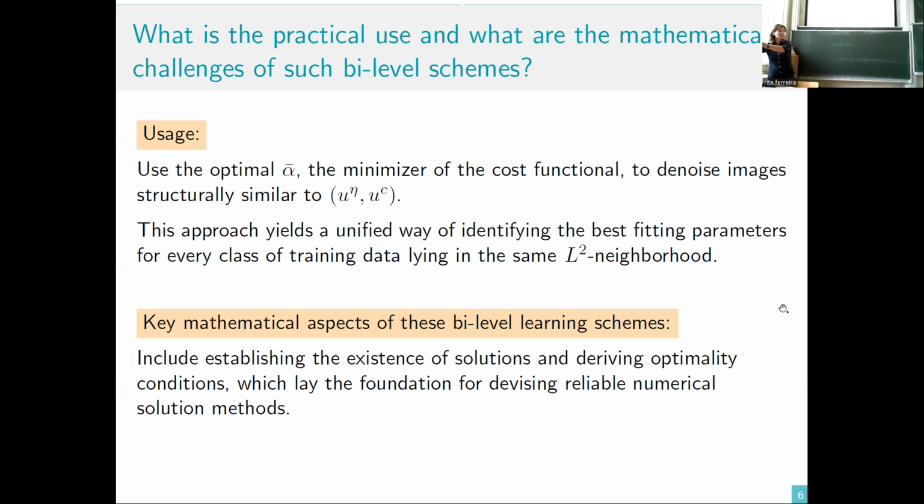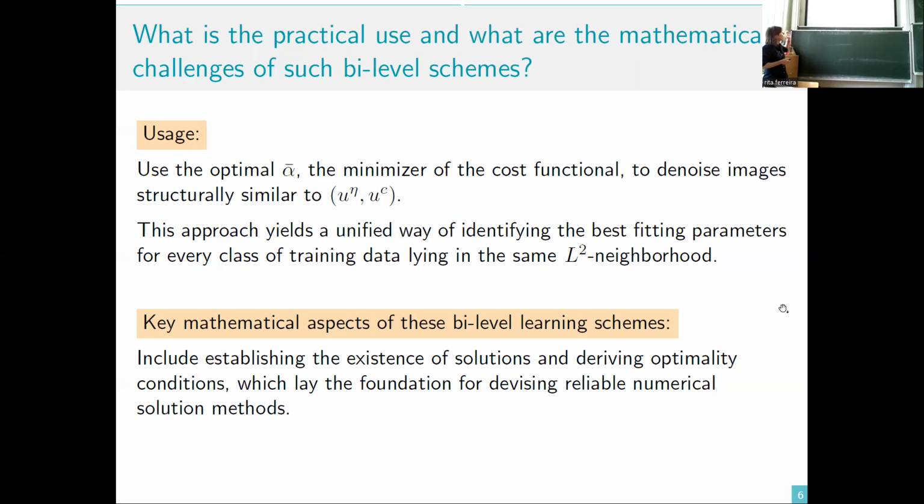If I give them to someone else, they will have a different optimal alpha. But if it is always me, I use the same binoculars. If I am at a similar show at the same distance, I don't have to adjust each time. I found what is best for me. So I'm going to use this optimal alpha for similar images. This is somehow the idea behind how we can use these semi-supervised learning schemes in practice.